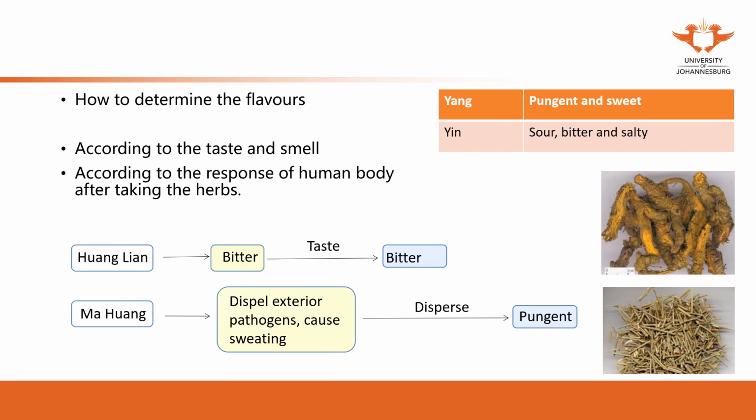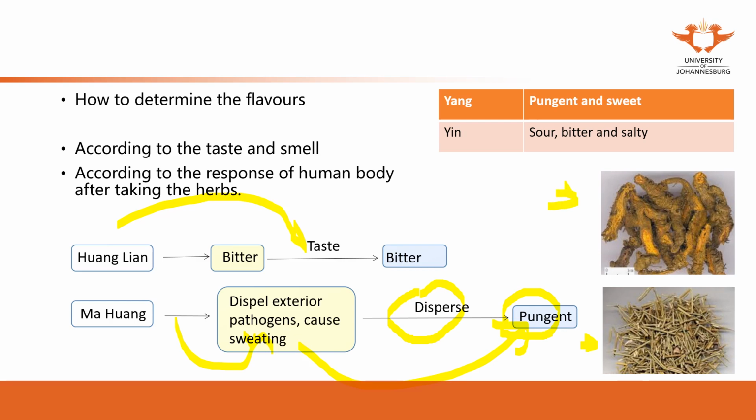So this kind of function or this kind of results can be categorized into dispersing. Then we said 麻黄 has the function of pungent. So that's from the response and then the flavor, or from the taste directly. This is 麻黄, this one is 黄连.